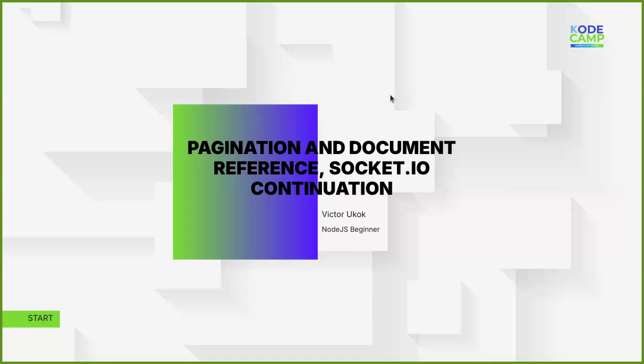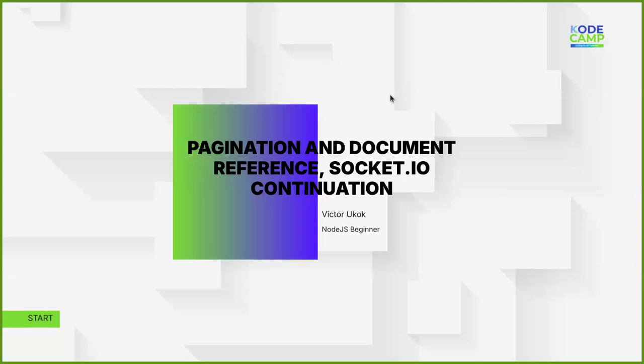Or you can use a library, and MongoDB provides us with a library to paginate. So we are going to see how we can actually use a library to paginate.